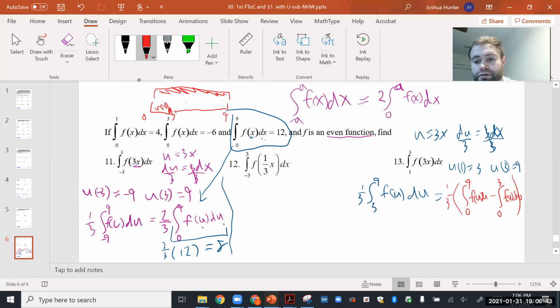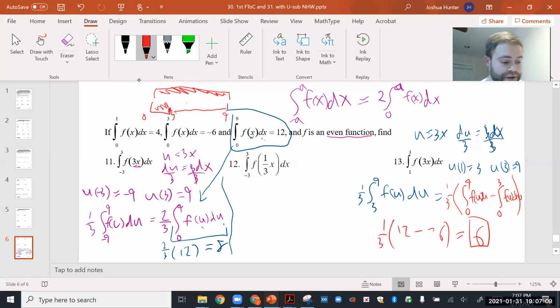The integral from 0 to 9 minus the integral from 0 to 3 will give us the integral from 3 to 9. And so then that will be 1/3 of 0 to 9 was 12 minus 0 to 3, -6. Well, 12 minus a -6 is really plus 18. 1/3 of 18 is 6. Yeah, there we go. Awesome.